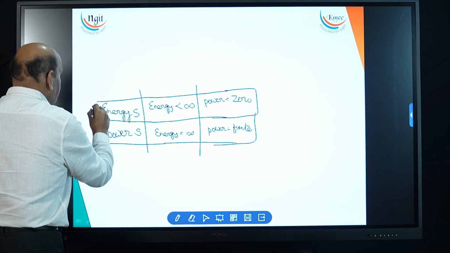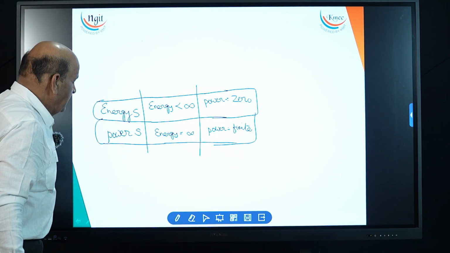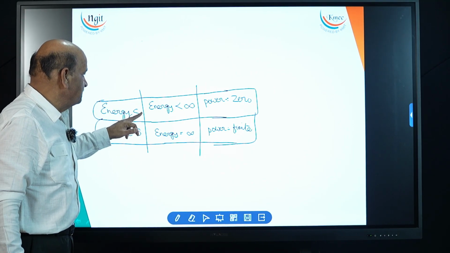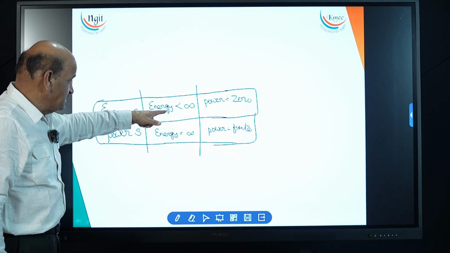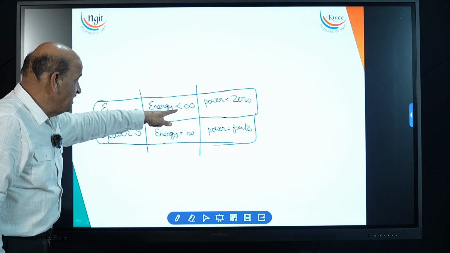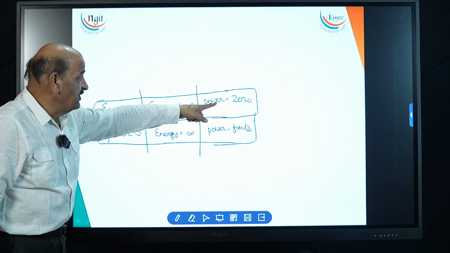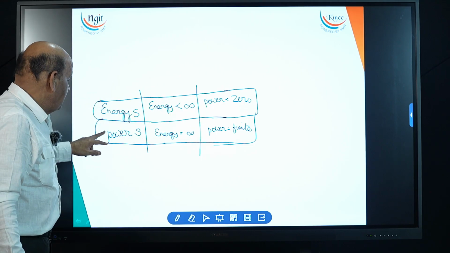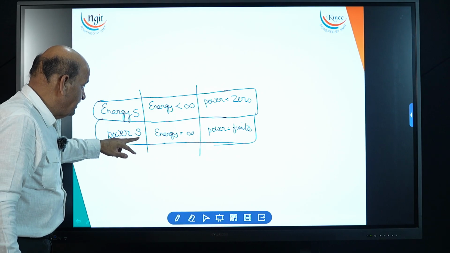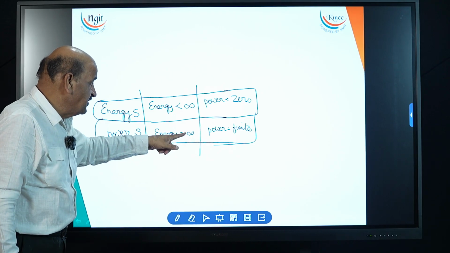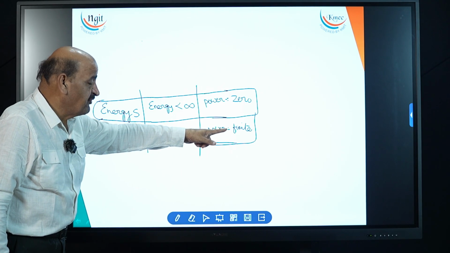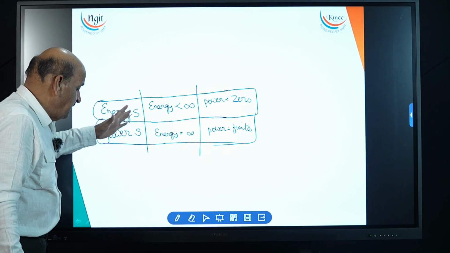A signal is said to be an energy signal if its energy is less than infinity, but power is 0. A signal is said to be a power signal if energy is infinite and power is finite. This distinction is very important.